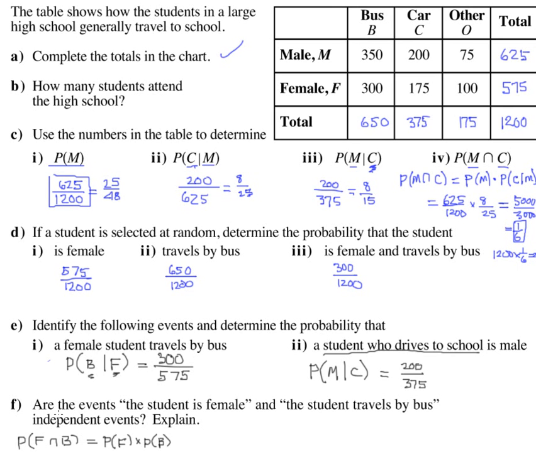So let's see if it works here. The probability that you're female and take the bus is right here. It's 300 out of 1200. So that's our left-hand side. Equals. Now, the probability that you're female is 575 out of 1200 in this school. And the probability that you're a bus passenger overall is 650 out of 1200.